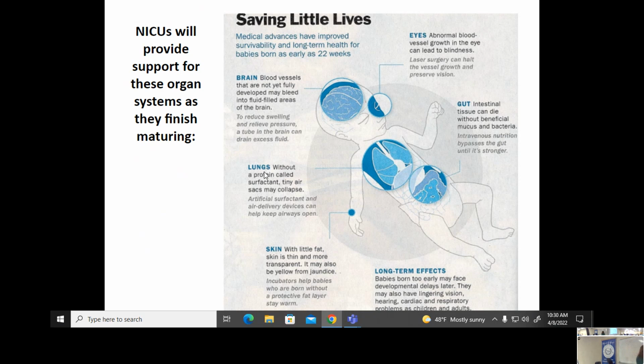So I want to maybe erase this timeline and talk about what is not developed yet in these different systems. Some of the major issues that they will need support with is lung function.